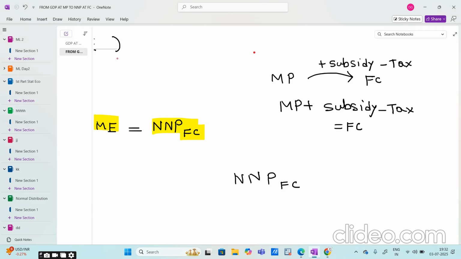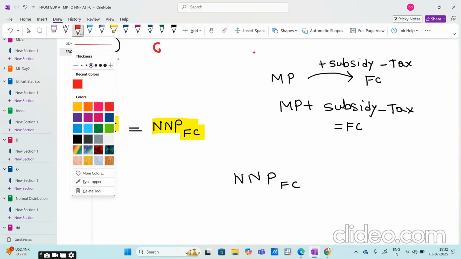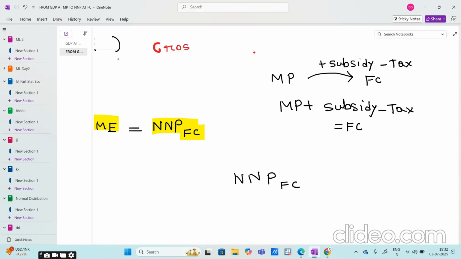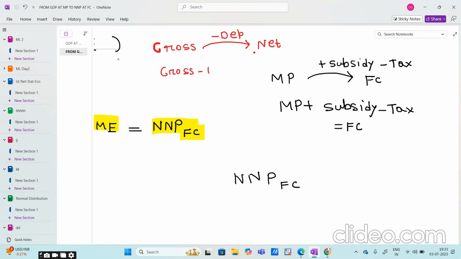Next, if gross is given, that is gross domestic product or gross national product, and you want to go to net, then we know we have to subtract the depreciation from the gross. If we subtract depreciation from the gross, we will get net.